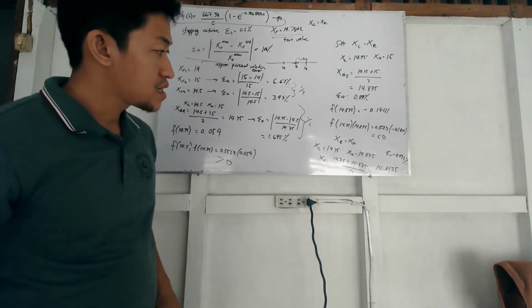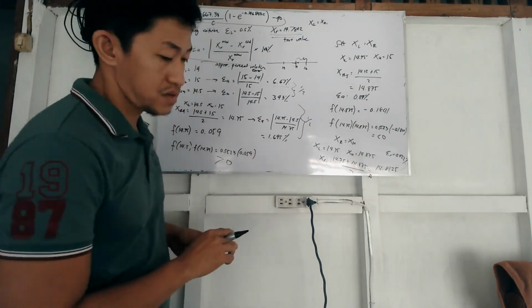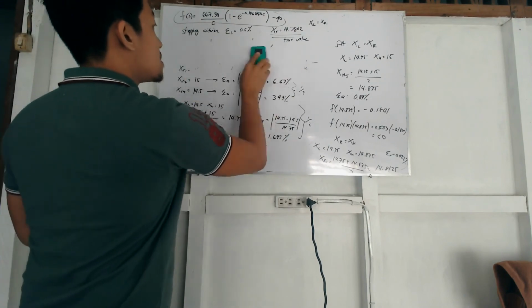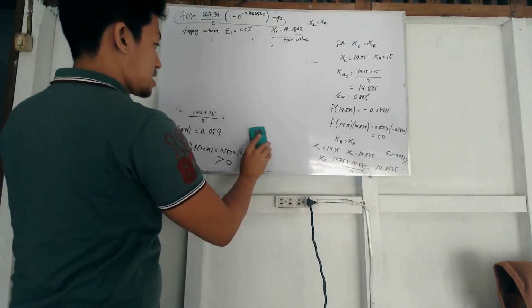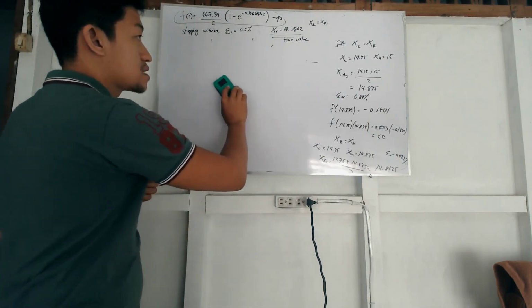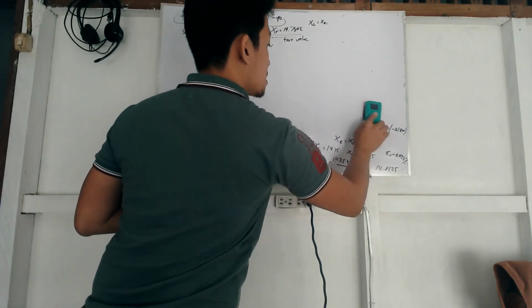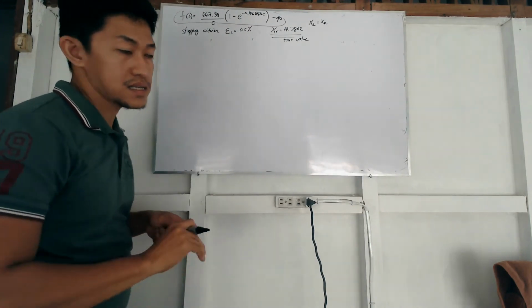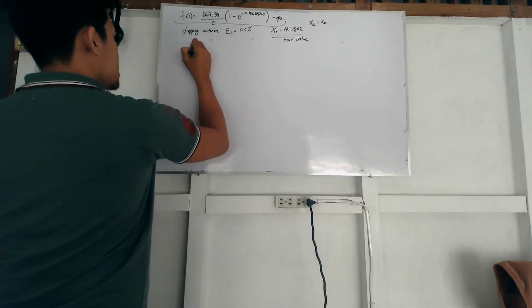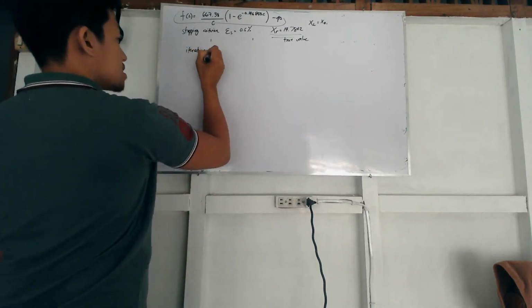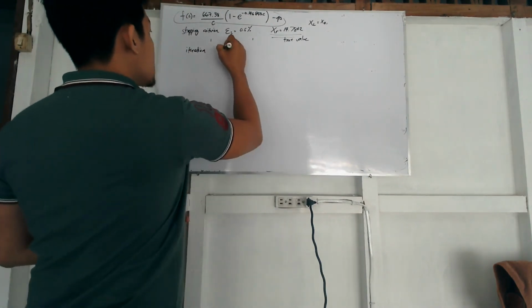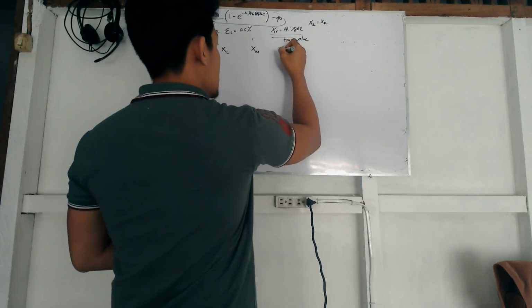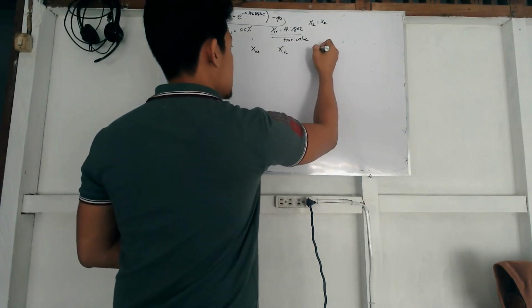Okay? So the final value, kung atong tan-awon, atong i-summarize: iteration, XL, XU, XR, and the error.